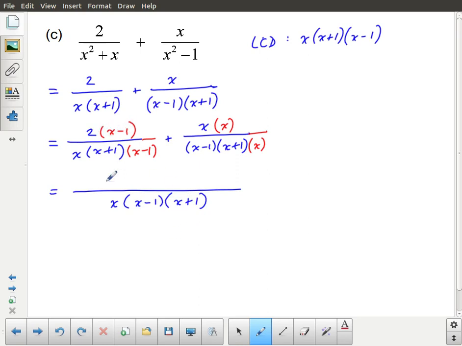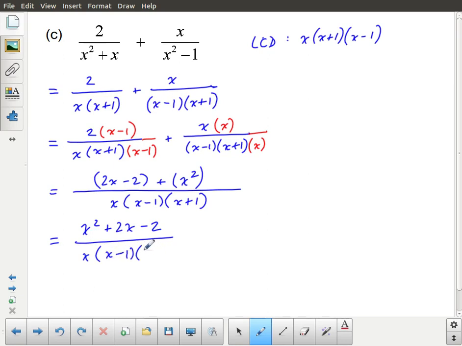The first numerator becomes 2x minus 2, plus the second numerator is simply x squared, so you can put the brackets in or not put the brackets in here. It's a single term. Normally we would rewrite this as x squared plus 2x minus 2 over x times x minus 1 times x plus 1.